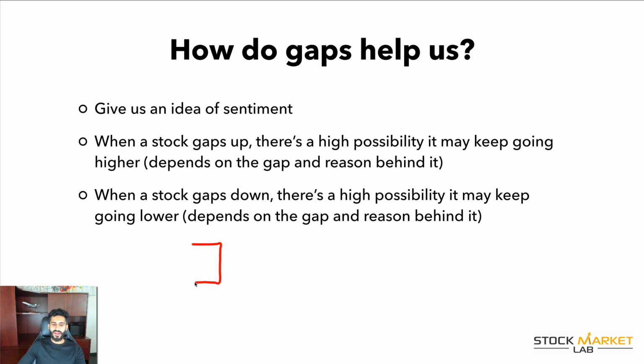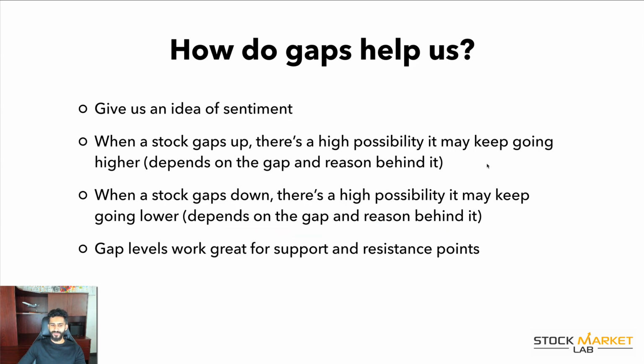So if this is a stock, let's say this is Monday and Tuesday, it gaps, right? And there's, let's say, a gap here. It doesn't mean it's always going to keep going down. It could gap down, right? The stock can gap down, open lower, and then keep going higher. So you need to understand it depends on the gap and the reason behind it.